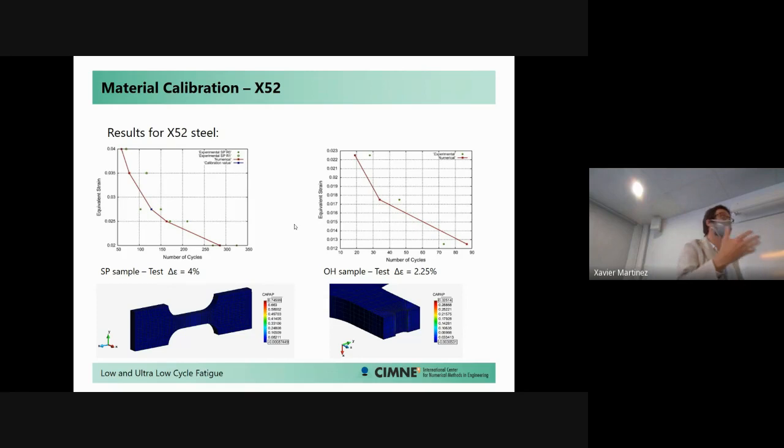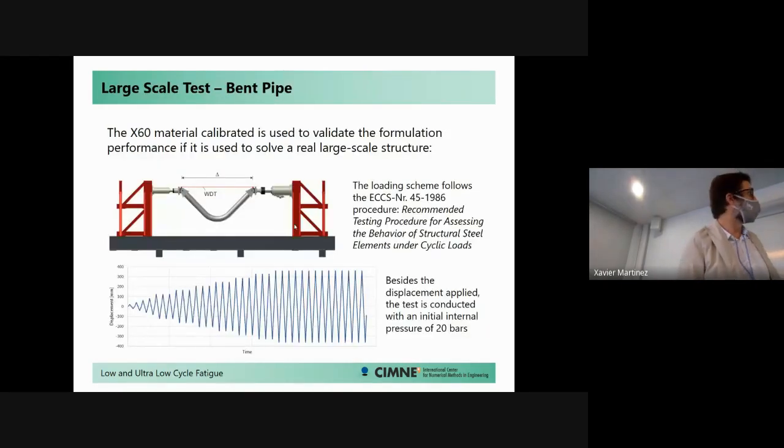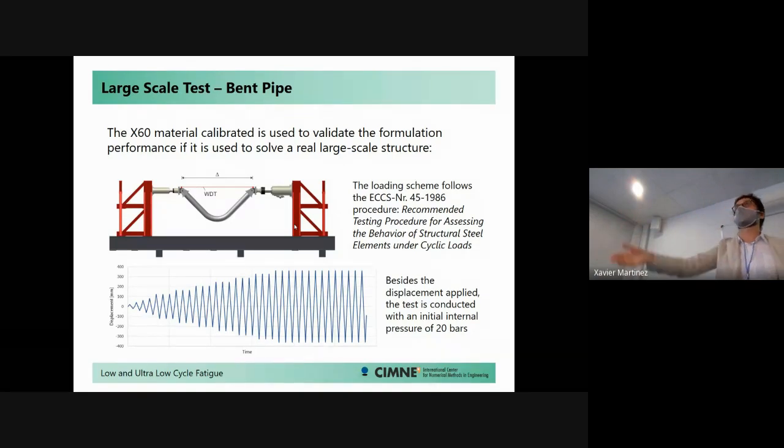So it really works. Now, the idea of approaching ultra-low cycle fatigue problems with a plastic load, instead of a cold filtration rule, that it's much faster, is that we want to be able to apply a varying load, and we want to be able to apply it to large structures.